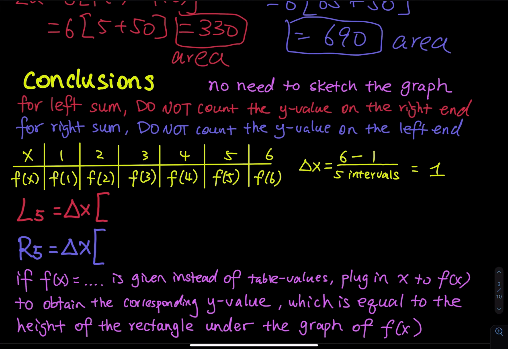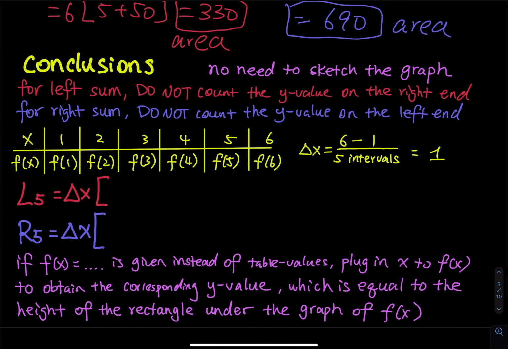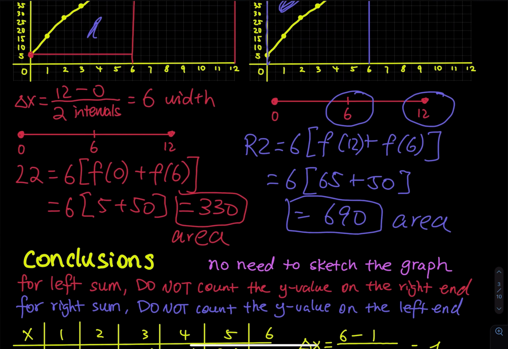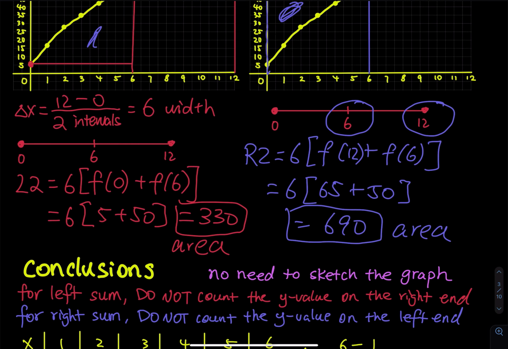So for a conclusion, to be honest, there is no need to sketch the graph. When you do the left sum, do not count the y value on the right end. For the right sum, you do not count the y value on the left end. So what that means is, for the left sum, you only have to grab everything up to the second from the last x value.